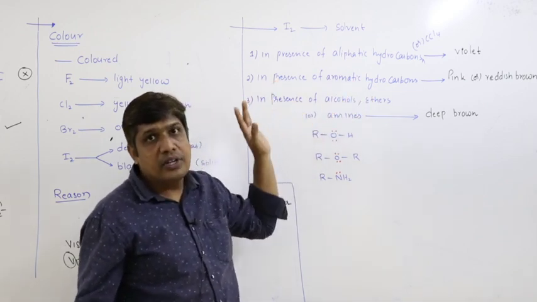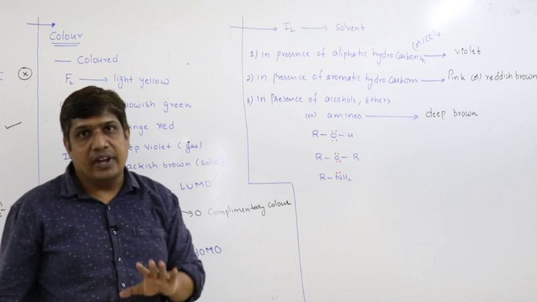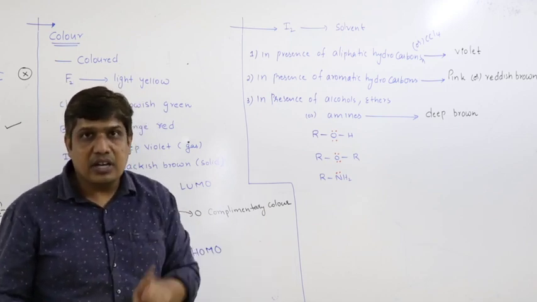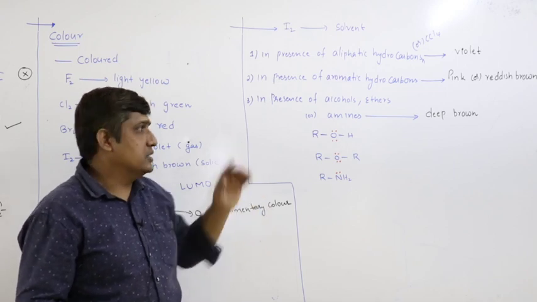The color of iodine changes with solvent. If it is a non-donor solvent, then it will not change. If it is a donor solvent, then it will change.